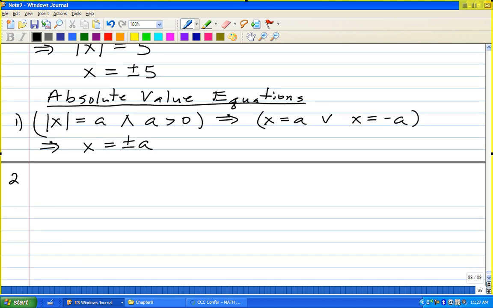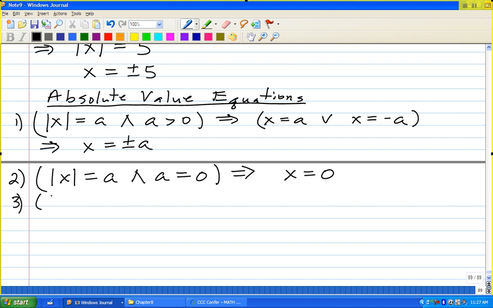But suppose that a were 0. Then in this case, positive and negative 0 is just the same thing. So the only way that the absolute value could equal 0 is if the value is actually just 0.